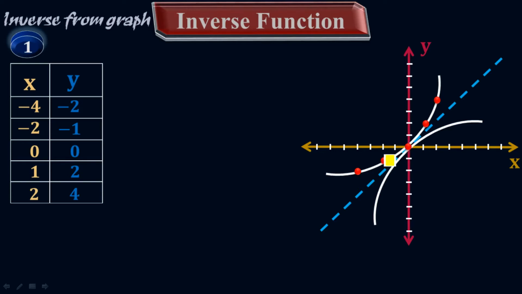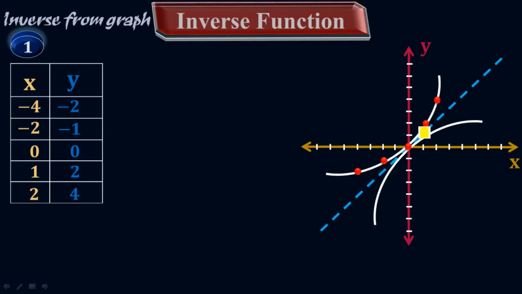So at this point, I have -2 along the x-axis and -1 along the y-axis. My third point will be -4 along the x-axis, which makes the point along the y-axis at -2. So here the coordinate point is -4 along the x-axis and -2 along the y-axis.